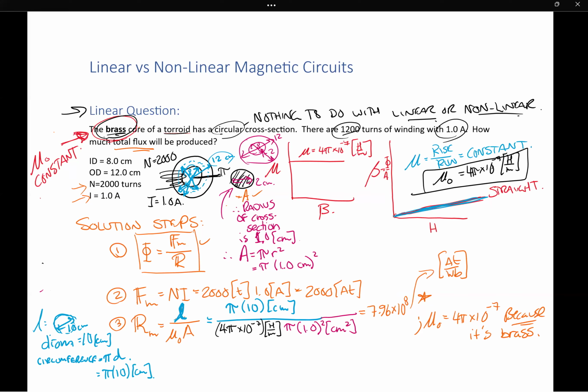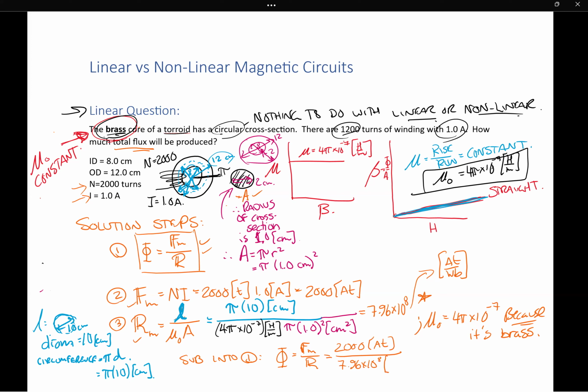So now I know R and I know FM and I can solve. So sub into 1, what I wanted to solve for. So now FM was 2000 amp turns over 7.96 times 10 to the 8.